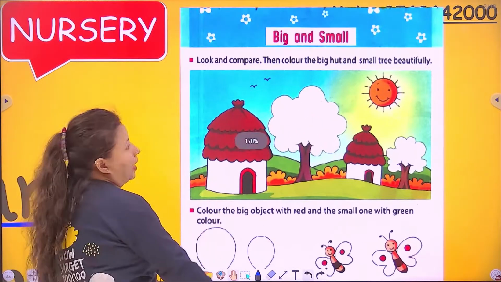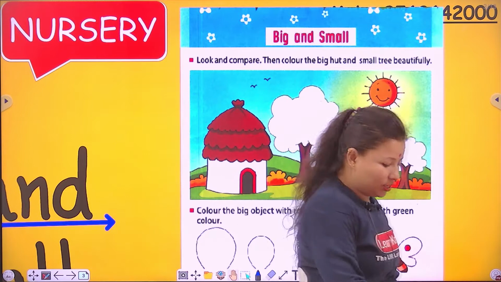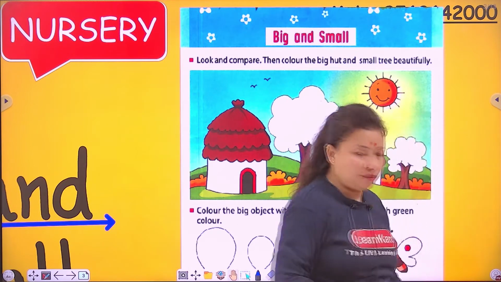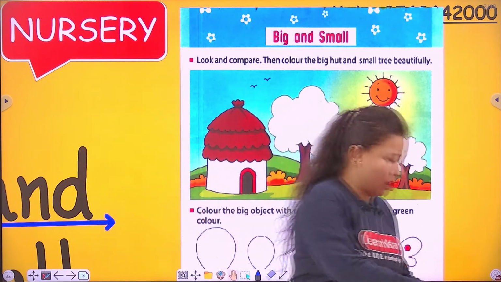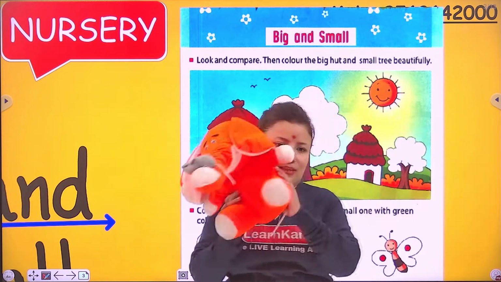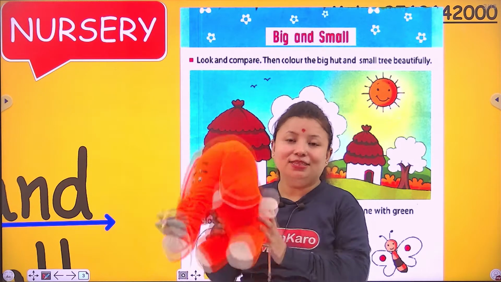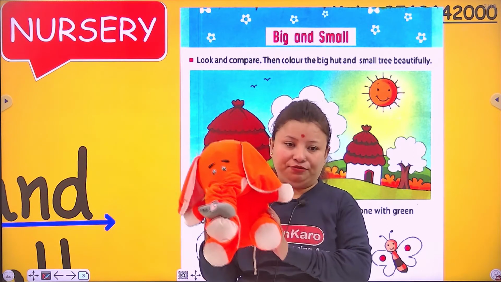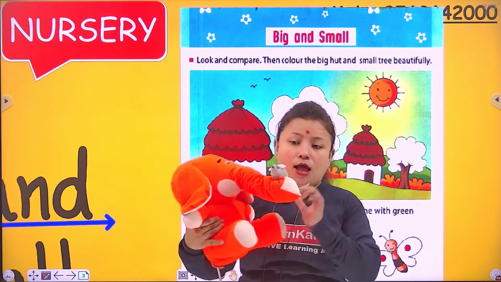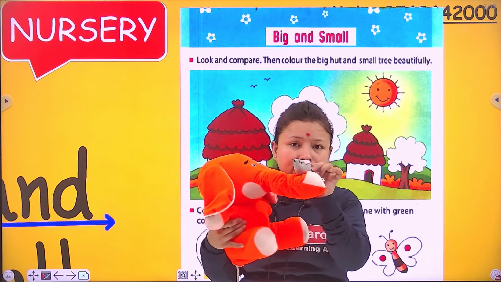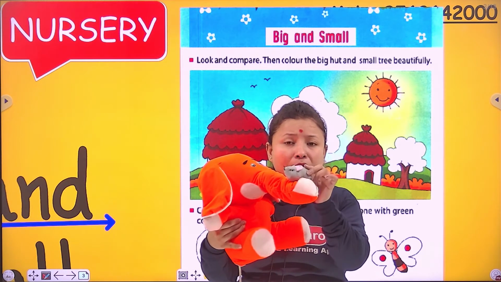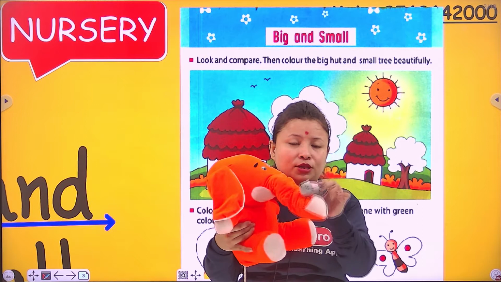Big and small. Before starting my class, I have something for you. Now, what is this? This is a cute elephant. And look at this, see this? Mouse.